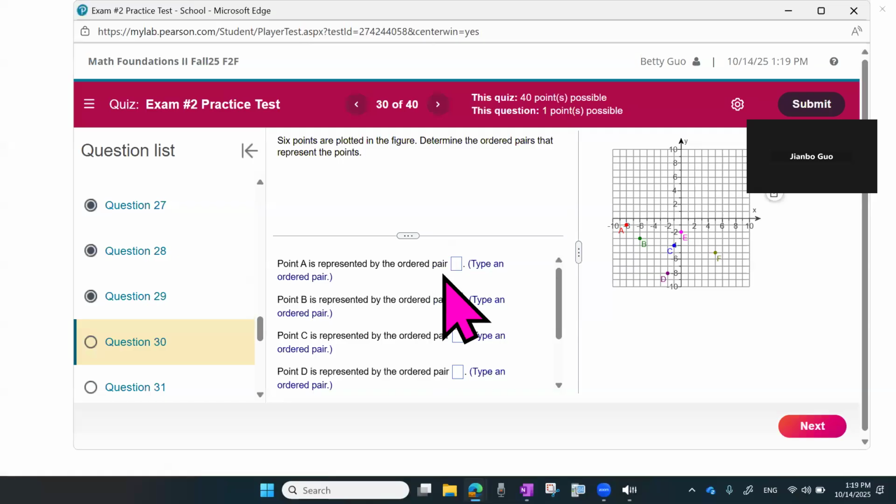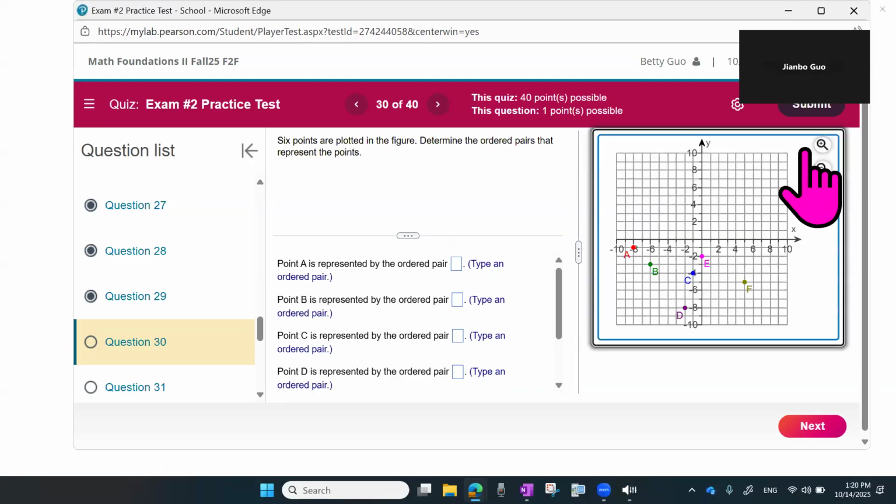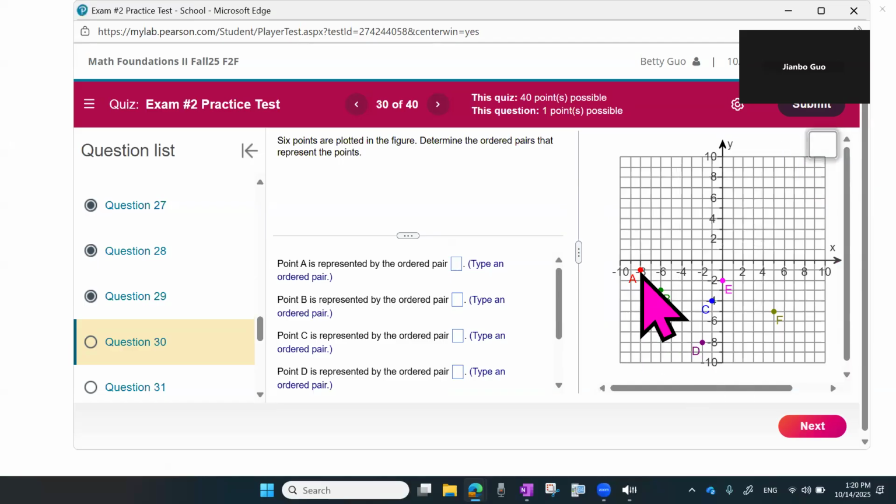We need to give the ordered pair that defines the given point. This is very small. Let me make it bigger. Point A is (-8, -1).